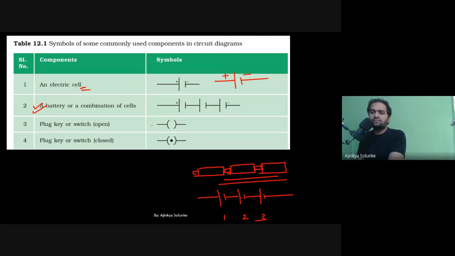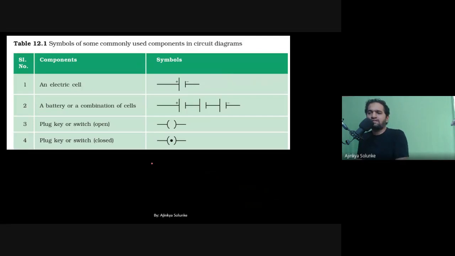So the question is, how many times do we have to draw? If you have 1 cell, then it is one longer, one shorter. If we have 2 cells, then we draw long, short, long, short. If I have 4 cells connected one after another, how many cell symbols should I use?